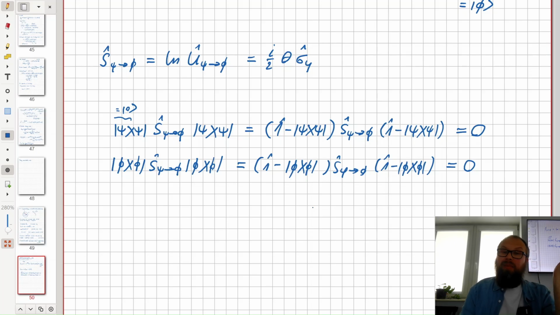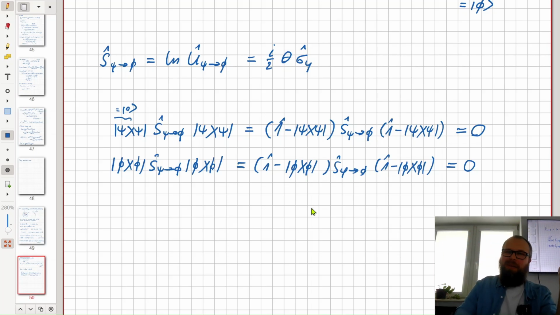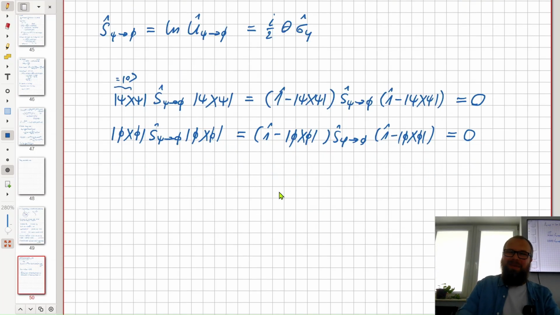It's block off-diagonal. In this case the blocks are one-dimensional, so it's purely off-diagonal. It may be awkwardly written here, but we will generalize it in a second to higher dimensions. It's kind of clear from the sigma y structure.